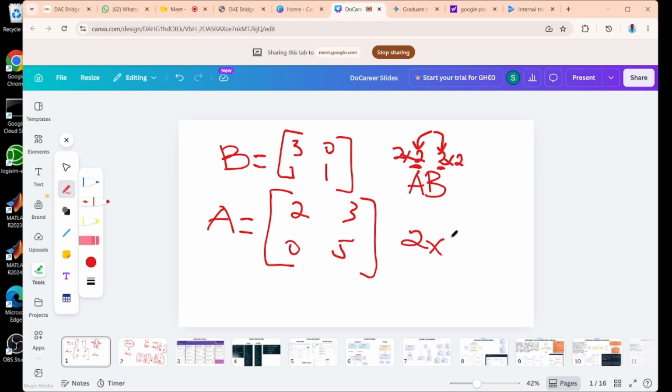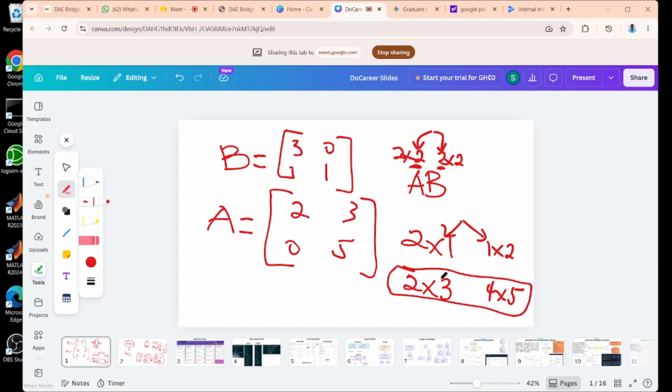Something like 2 by 1 can be used to multiply 1 by 2 because the last number of the first is equal to the first number of the second. But if you have 2 by 3 and 4 by 5, these cannot be multiplied because 3 is not the same as 4.